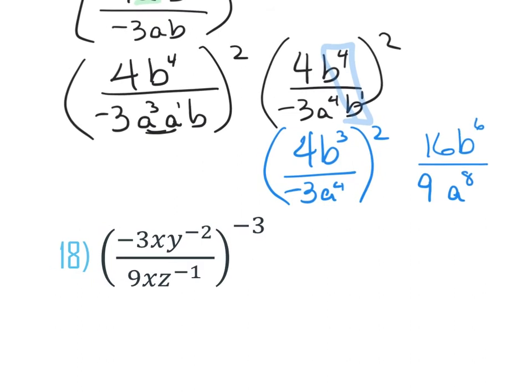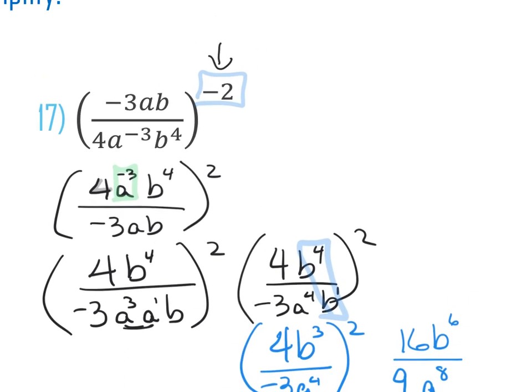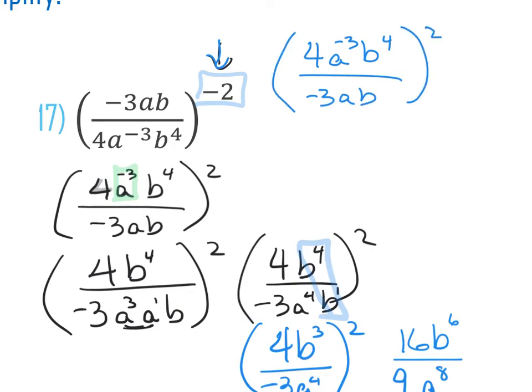On this one, you solve it by subtracting the exponents so I can see the other way? Okay, all right. So I'm still going to deal with the negative 2 first, so I'm flipping. So what I'm going to do is I'm going to subtract the exponents on the a's and subtract the exponents on the b's. So this will become 4 over negative 3.